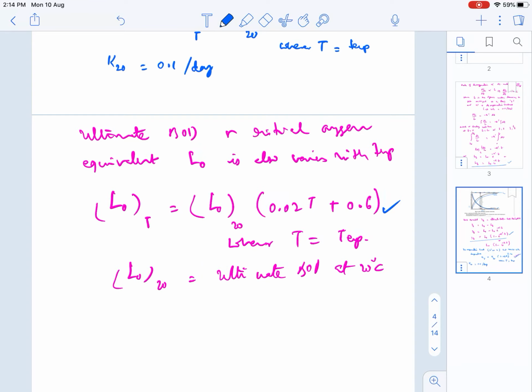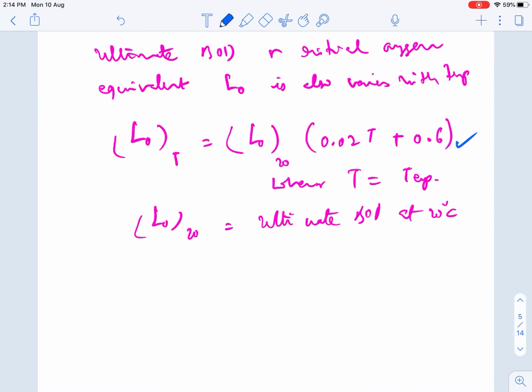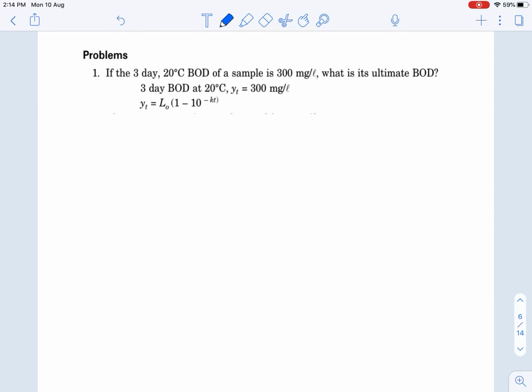So we'll do some problems based on the derivations. This is the first problem. If the 3-day BOD at 20 degrees centigrade of a sample is 300 milligrams per liter, what is its ultimate BOD? Whenever you have a 3-day BOD at 20 degrees centigrade, it is only BOD exerted. So YT is equal to 300 milligrams per liter.